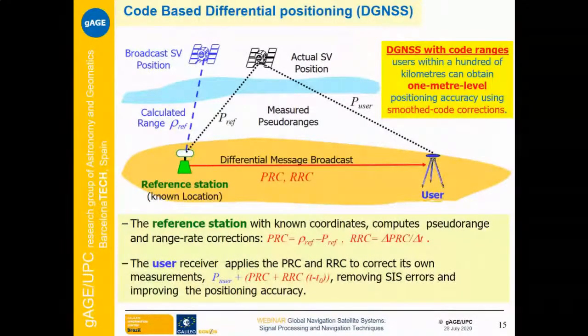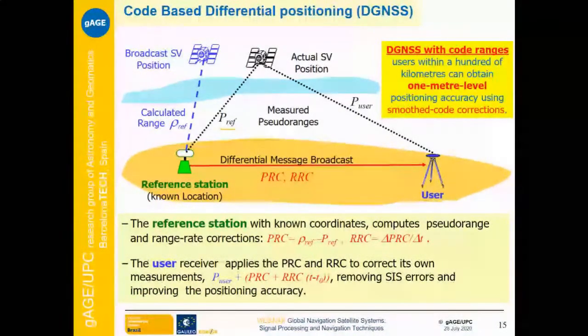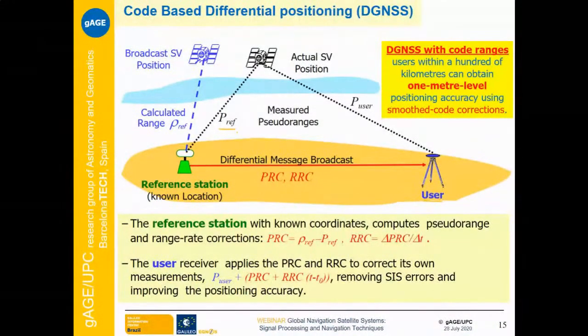Then the idea is that at the reference station, we are measuring the pseudo ranges to a particular satellite. And this is what we have here with PREF, the pseudo range measured by the reference station. Because we know where this station is, we can compute the geometric distance.